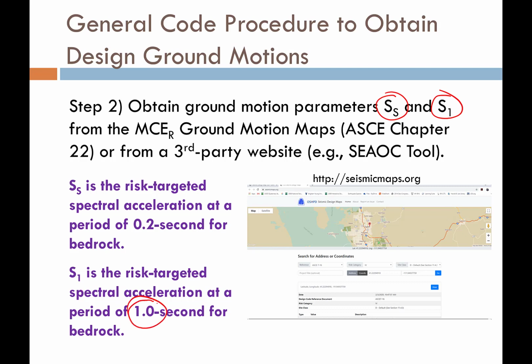So this is the 1 second spectral acceleration from our response spectrum that corresponds to bedrock. And by risk-targeted, these mean that for bedrock, these correspond to a 1% probability of collapse of our generic reinforced concrete structure. That's what risk targeted means.